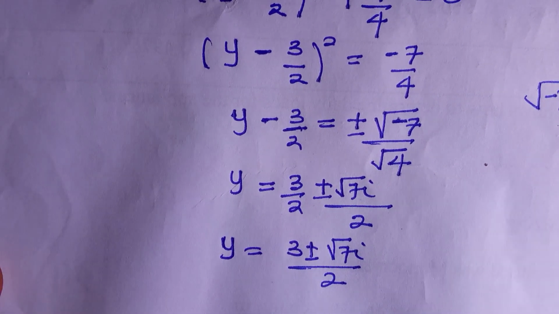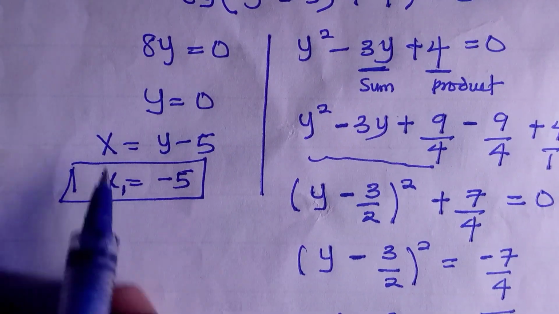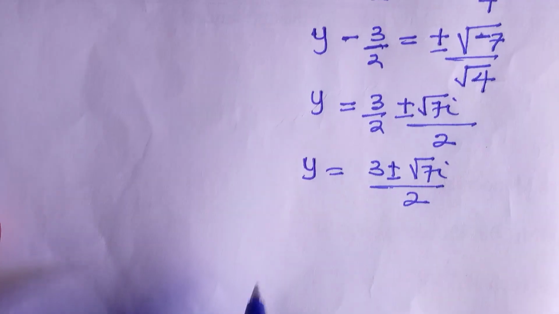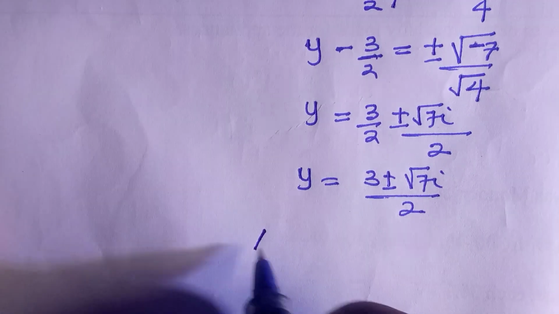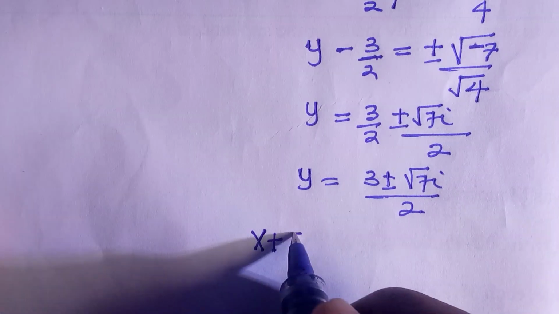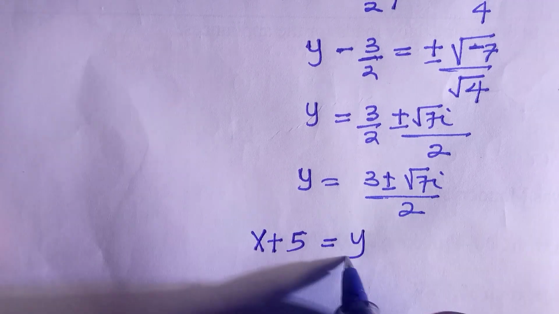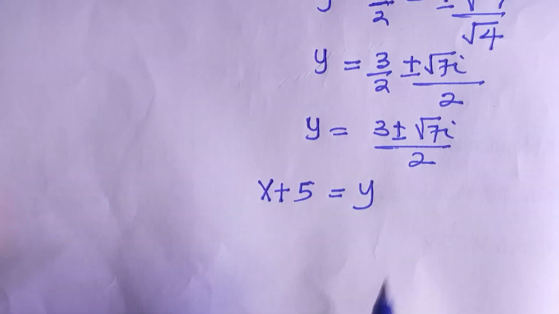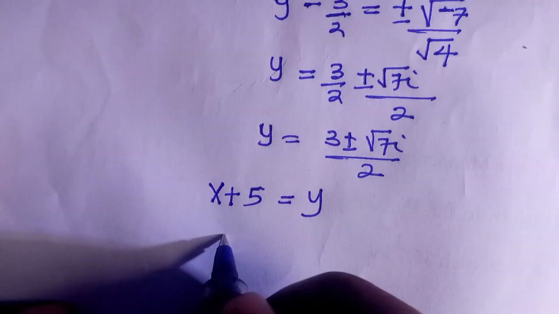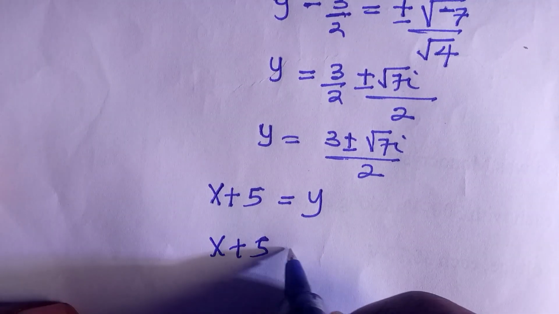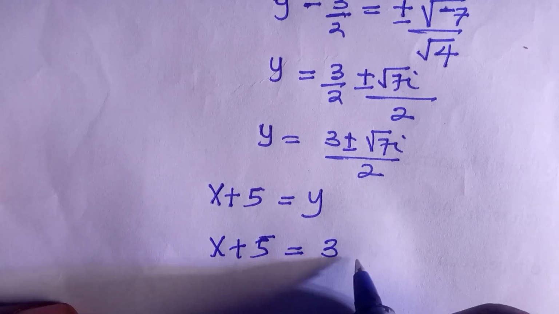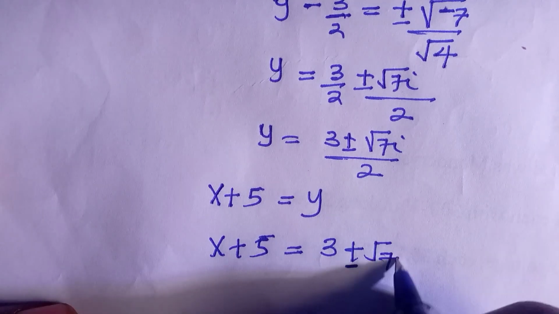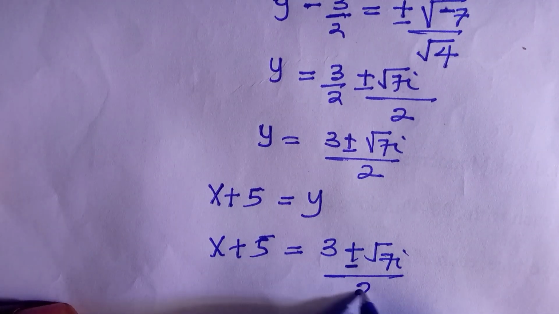But here is not the final answer. We also recall from this, and we are going to replace it here. If you have x plus 5, we let it equals to y from the above. Then we replace y with what we get for the value of y. Here we have x plus 5 equals to, instead of y, we have 3 plus or minus root of 7i divided by 2.